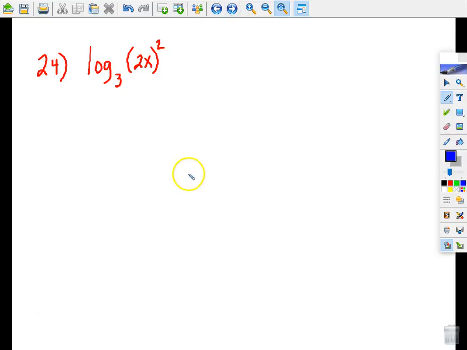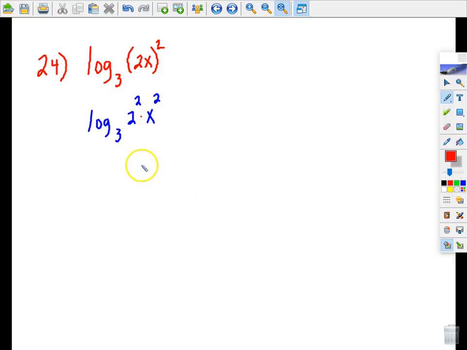Let's try number 24. What I would do in problems like this that involve parentheses and everything in the parentheses being raised to a power, I think it's a little bit easier to think about this as each of these numbers in the parentheses being raised to the power. And obviously, the operation between them is multiply.